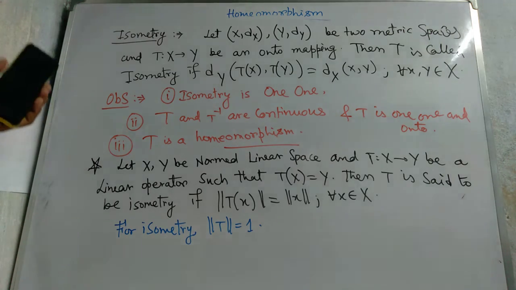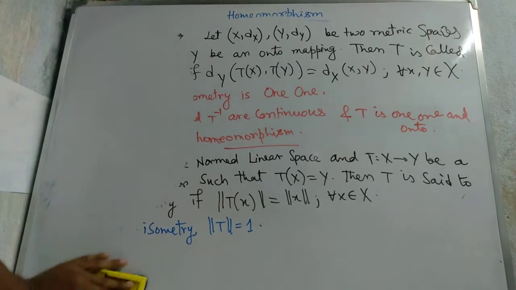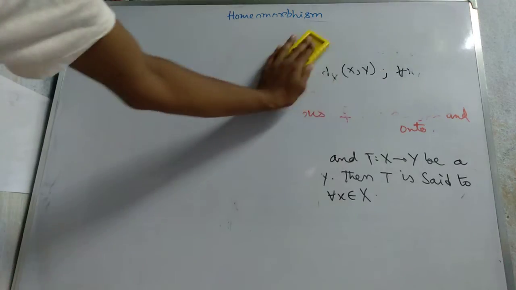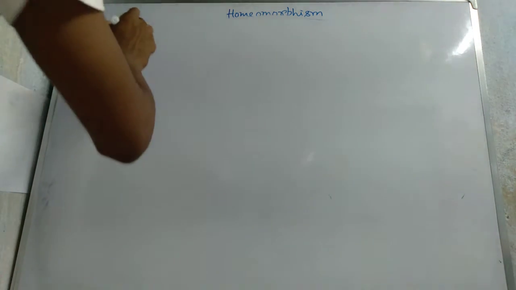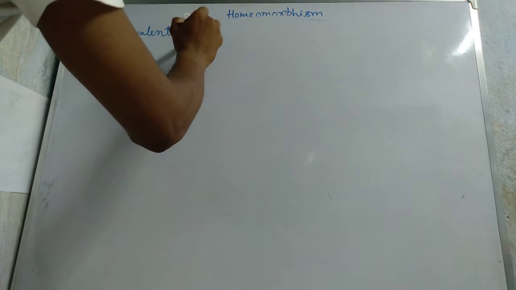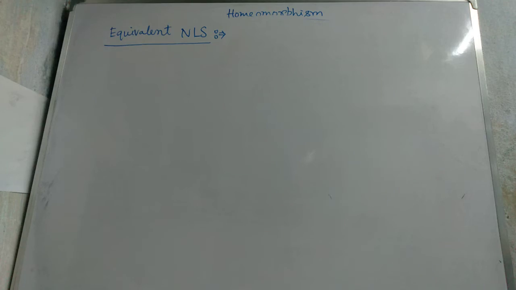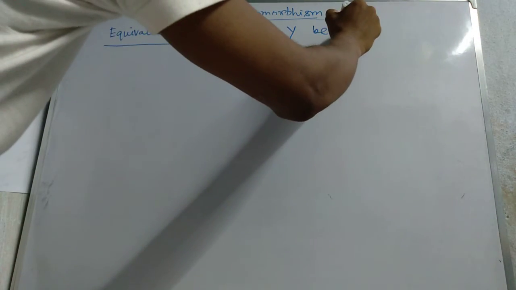Now we are going to the definition of equivalent normed linear spaces. Let X, Y be two normed linear spaces.